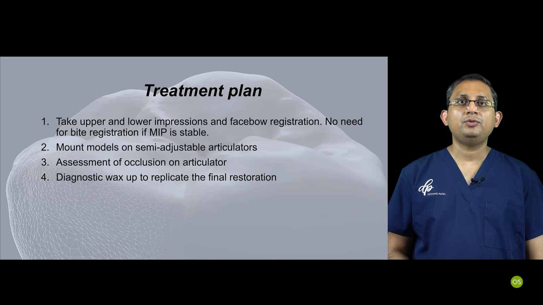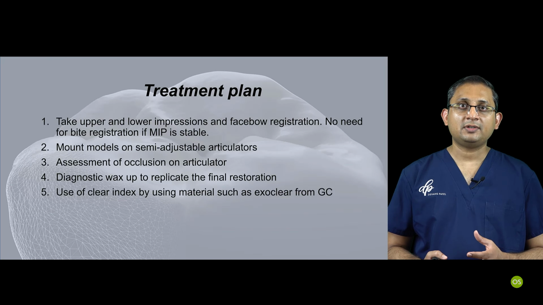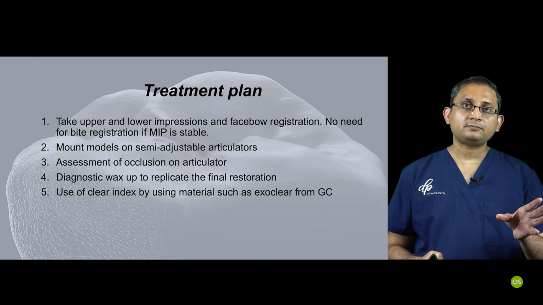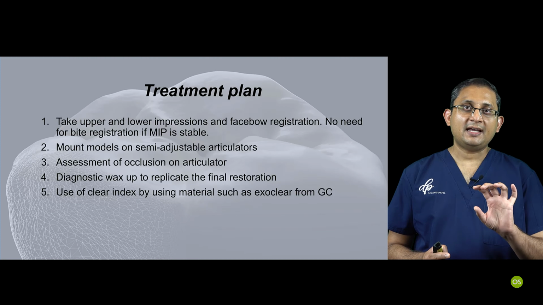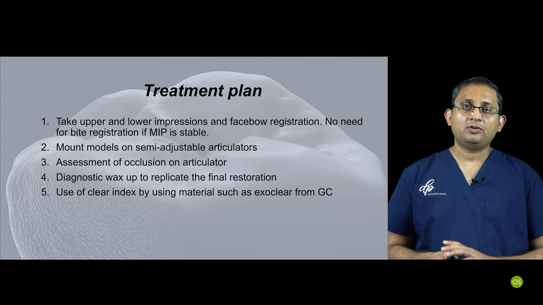Once you have done the wax up, you can then use clear indices, and I use ExoClear from GC, and that's a really great product. Just squeeze some ExoClear on the wax up or on the duplicated model from the wax up, and use that to put the heated composite and place it on the tooth and cure it through that ExoClear material.